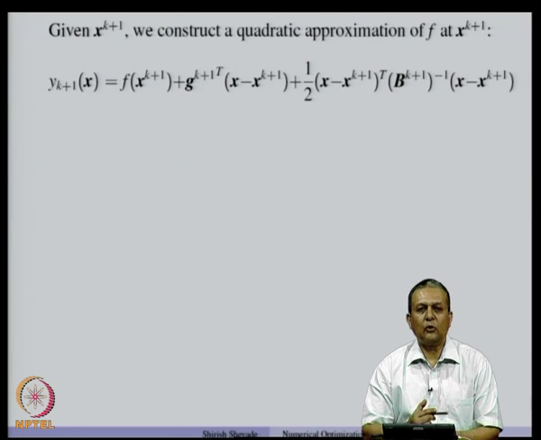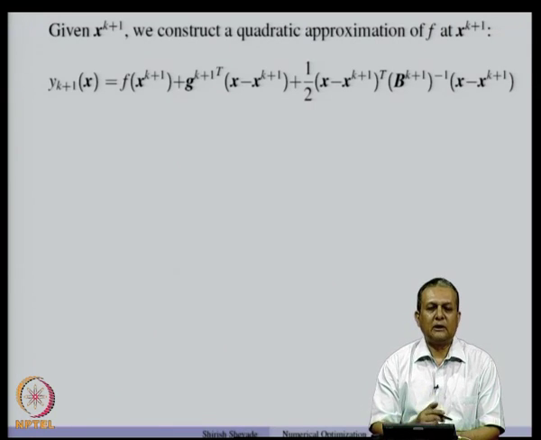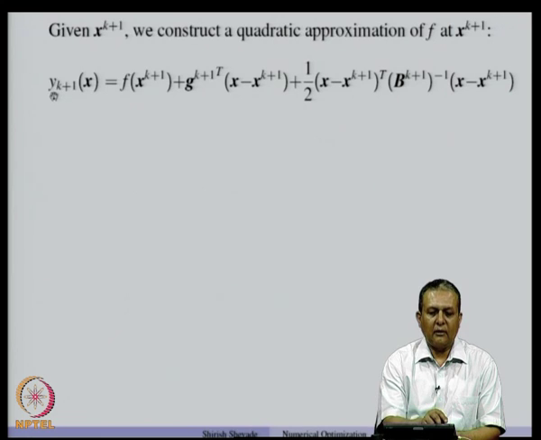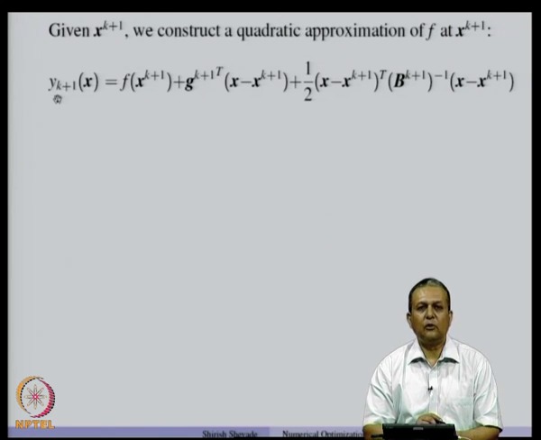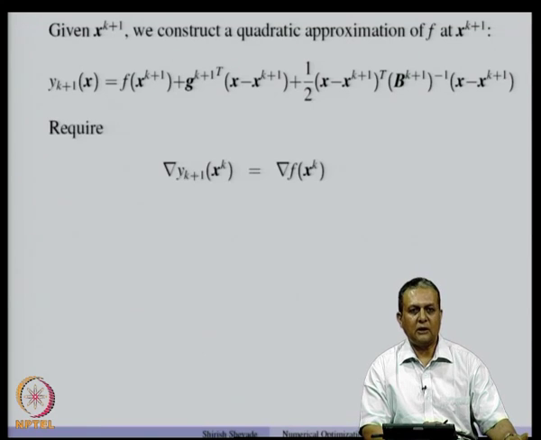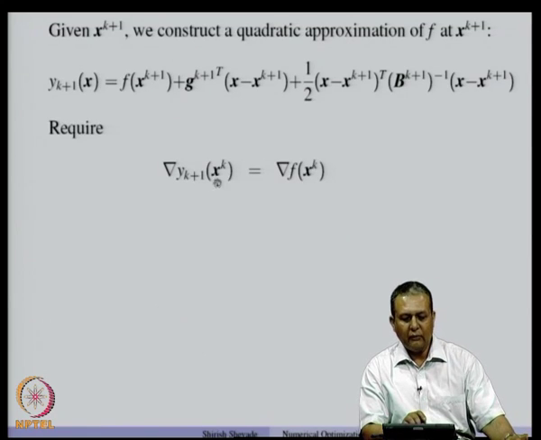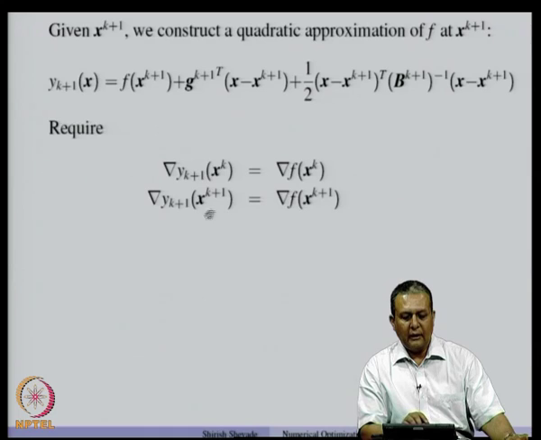So, at the two consecutive points xk and xk plus 1, the gradients of the actual function f and the gradient of the function y should match with each other. So, in other words, what we want is that gradient of yk plus 1 evaluated at xk should be equal to gradient of f at xk, and gradient of yk plus 1 evaluated at xk plus 1 should be equal to gradient of f of xk plus 1.